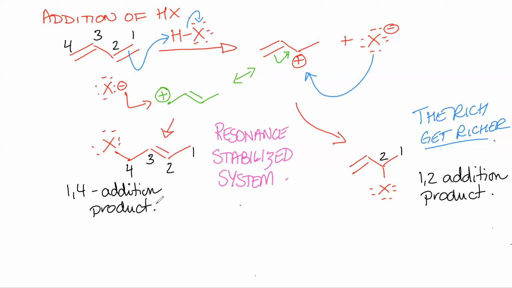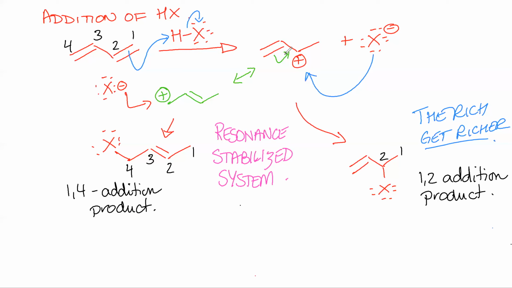Now, one of these tends to form faster, and one of these tends to be more stable. Any idea which one is which? When it comes to which one is more stable, think about stability with regard to alkenes. Right, the 1,4.